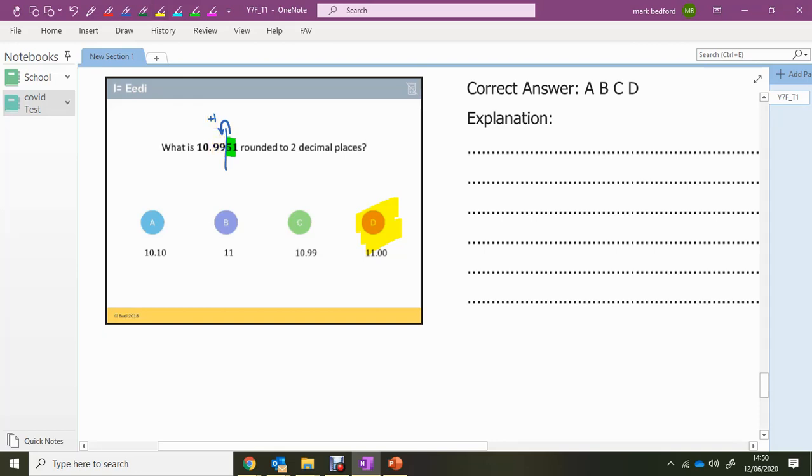My tip for doing this is imagine the 10.99 without the decimal point. Now just add the 1 to that, and all you do now is put the decimal point back into its correct place. It was here, goes here. My final answer is 11.00.